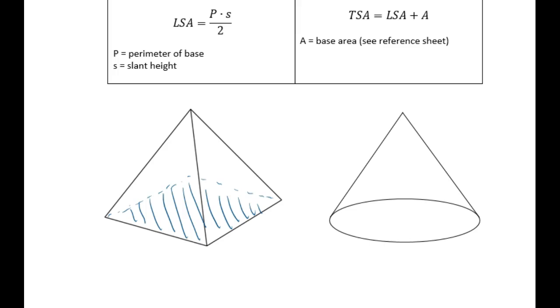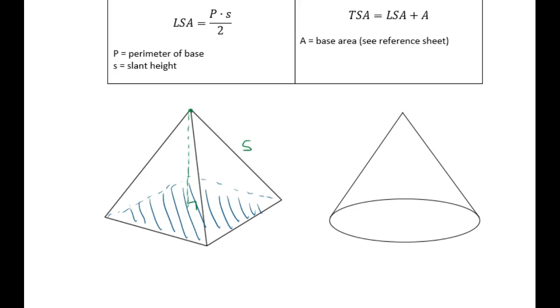For heights, we have what's called a slant height, which is along the side. This would be our slant height along here. Then if you look at the apex up here and drop it perpendicular to the base, creating that 90 degrees, this is what we'd call our height, or our altitude.